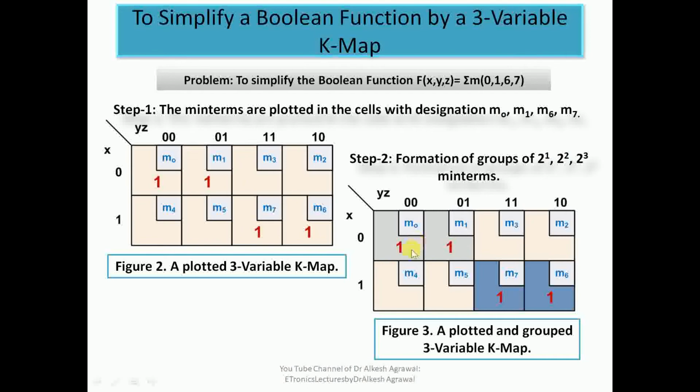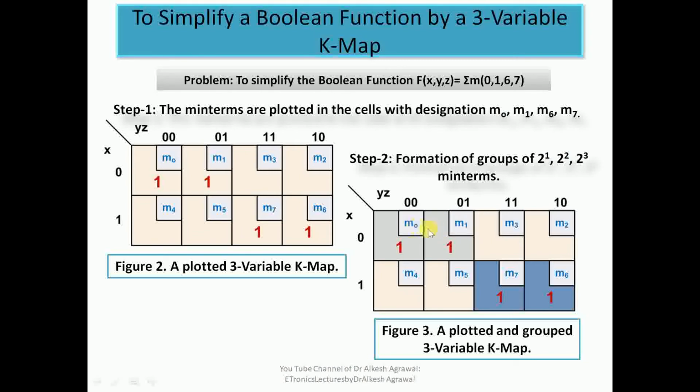So here we can place min terms m0 and m1 in one group, and we can place min terms m6 and m7 in one group. On what basis are we saying this? There is one rule. Min terms can be combined where the difference in their decimal equivalent is 2 power x.